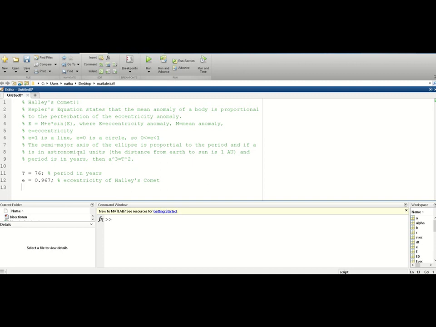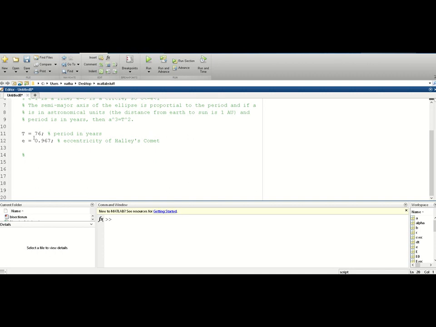So now let's compute semi-major and semi-minor axes. Okay, so A is going to be T to the 2/3, right?